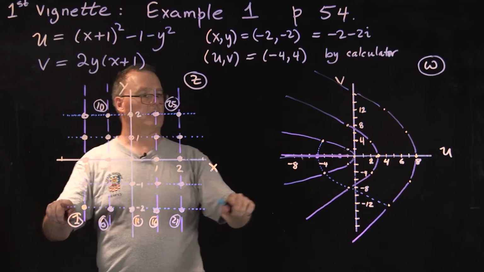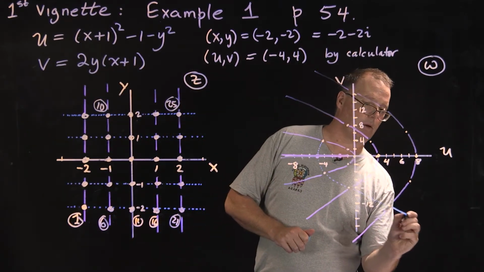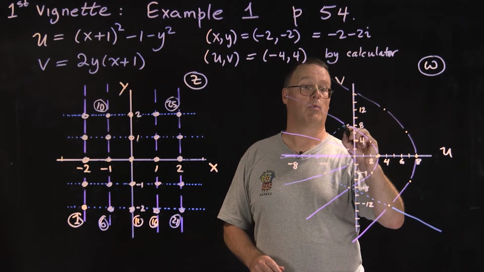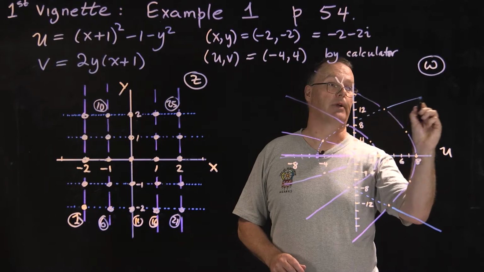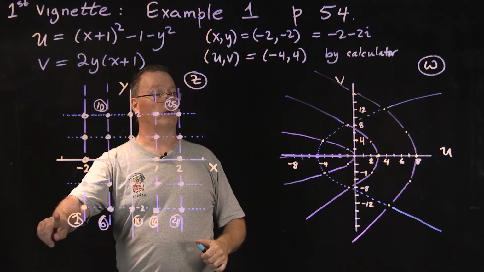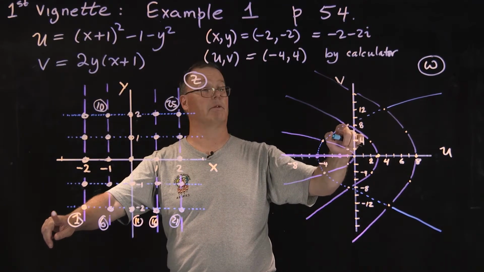Well, this isn't symmetric. We're going around this way, but I'm going to extend it. I'm going to say it's going to go out this way. And I'm also going to say that this line would go symmetrically if I extended it out here. If I did the computation of the points out here, I'd find that it was actually going to that one.